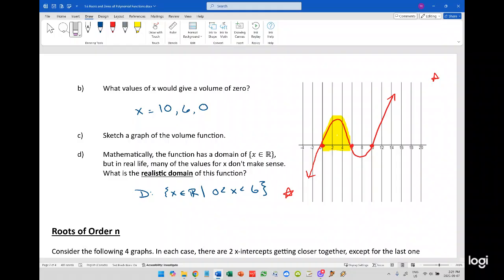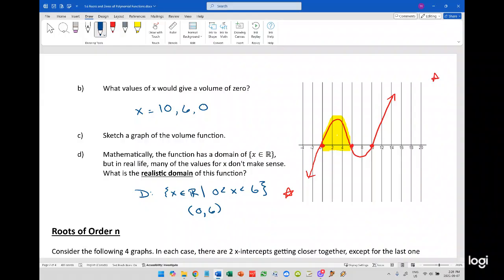Not less than or equal to, but actually just less than. And I could also write that if I wanted to, as the domain is (0, 6). And I'll just remind you that the round bracket says that the 0 and the 6 are not included. Everything just above 0 and anything up to really close to 6 is, but the 0 and the 6 themselves are not.